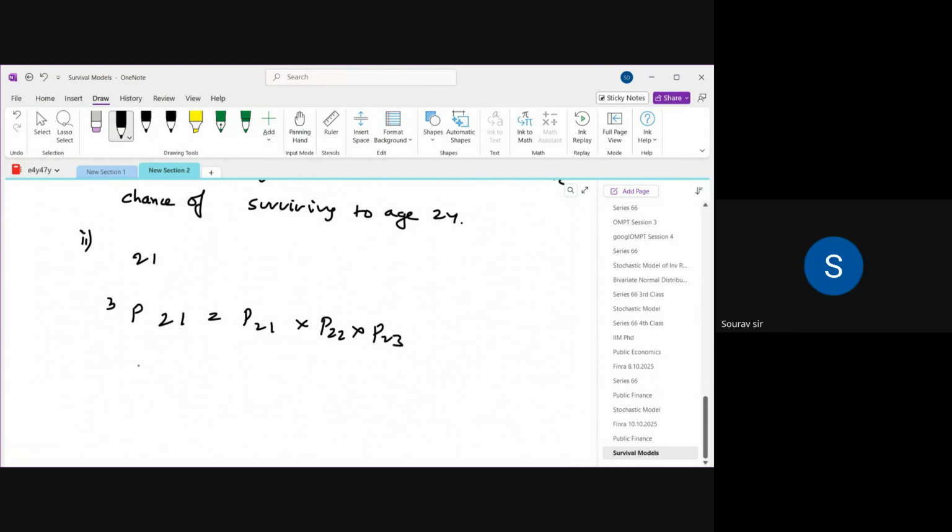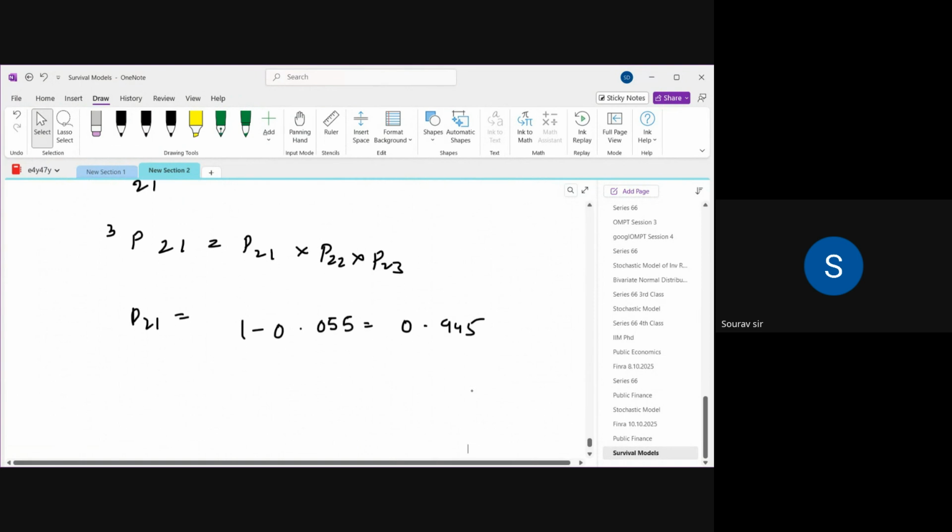So here p21 is what? 1 minus 0.055, so it is 0.945.